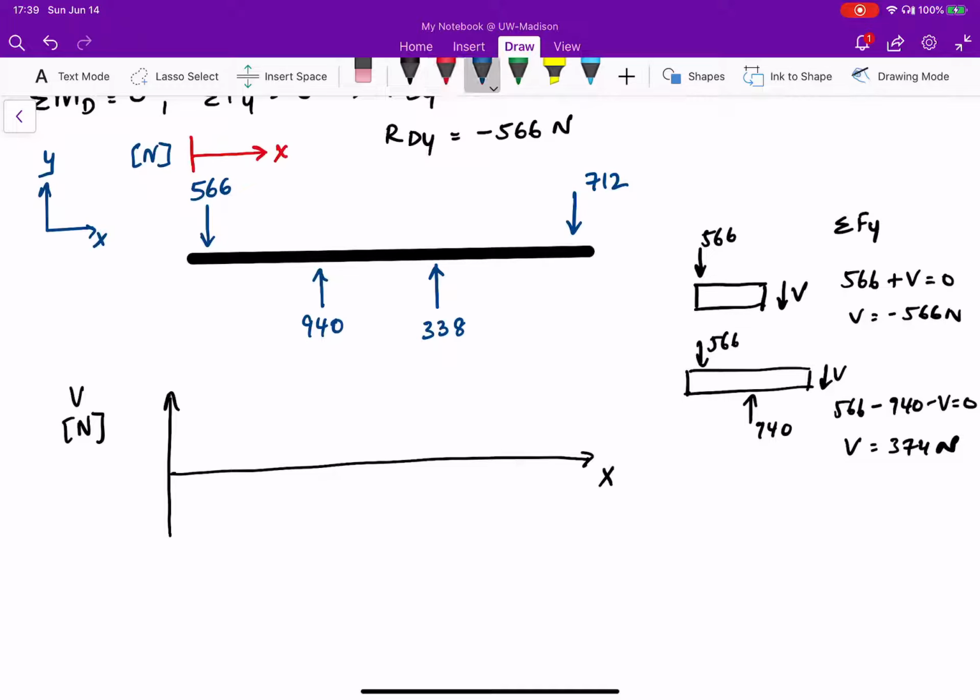Again, it's important that you start off from the right-hand side. If you start from the left-hand side, things are kind of flipped, so that this shortcut doesn't work if you're going from the left. So I would just stick to starting always from the right and probably using this method, if I'm using this method. So 566 is pointing in the negative y, so I start off at negative 566 until I reach this point here.